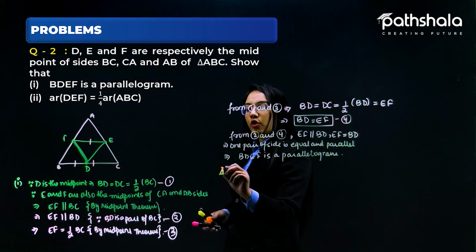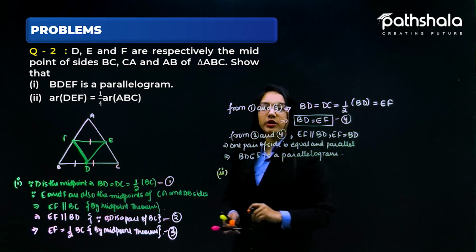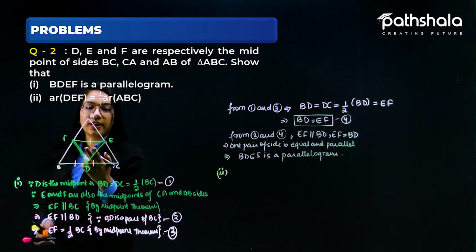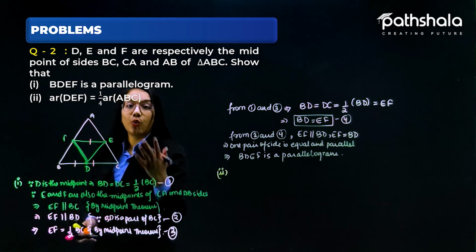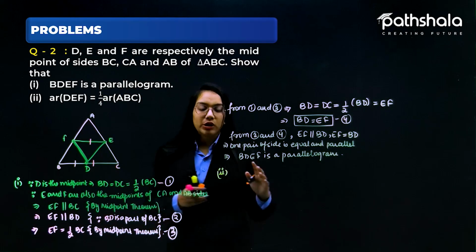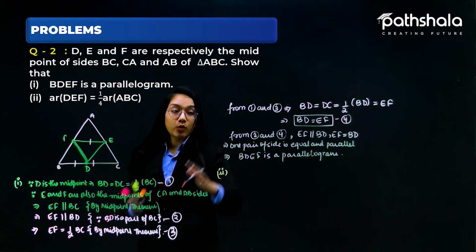Now let's move further toward the second part, in which we have to prove that the area of this particular triangle is equal to 1/4 of the whole triangle. So let us proceed to the second part using the part 1 concept again.